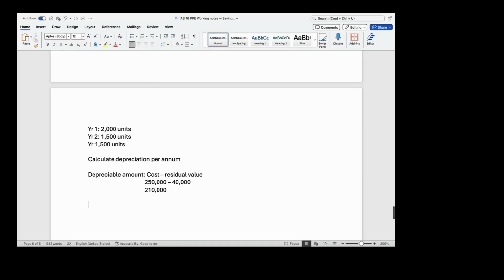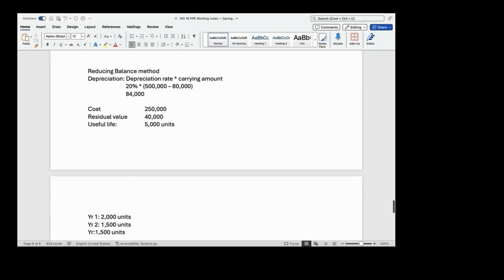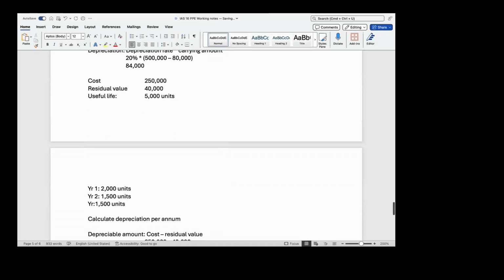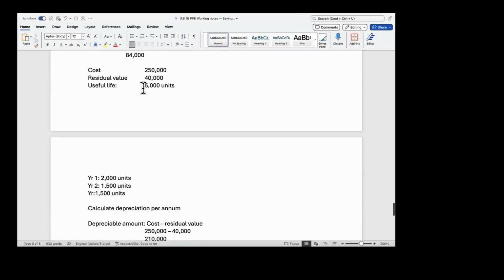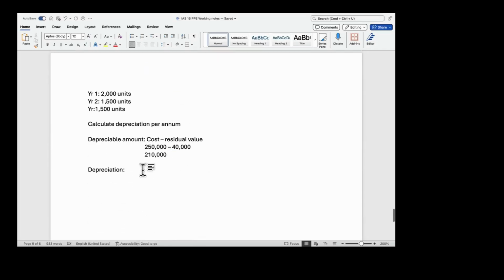So depreciation per annum in year one, since I'm depreciating over the useful life of these assets, and in this case, the useful life is 5,000 units, I will do 210,000 divided by 5,000 units. This will give me the cost per unit.